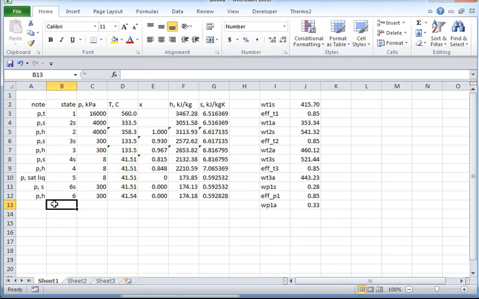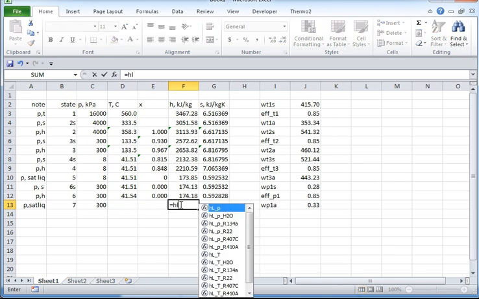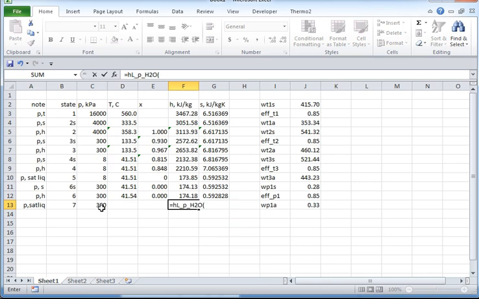What is state 7? Pressure, sat liquid. Is that true? What pressure are you at? 300. True? Okay, so now we have enthalpy equal to H liquid, the function of pressure for H2O. There's 300. And that enthalpy is a lot higher.